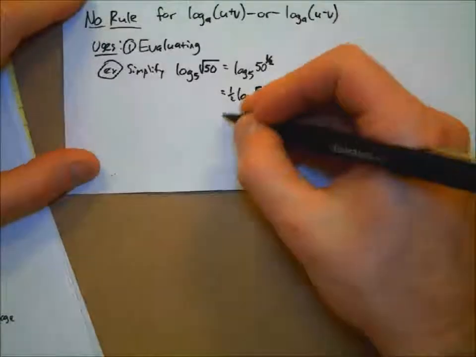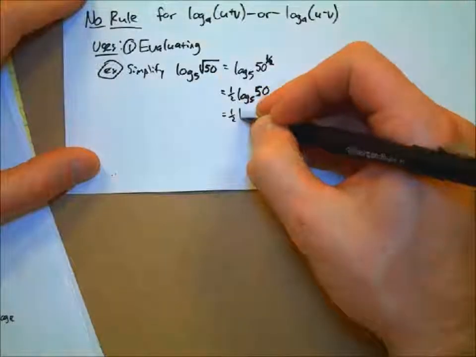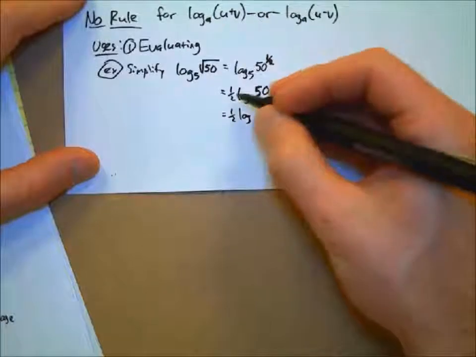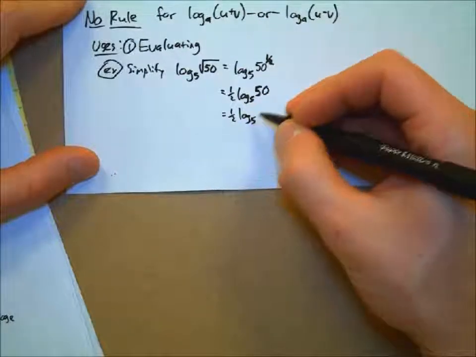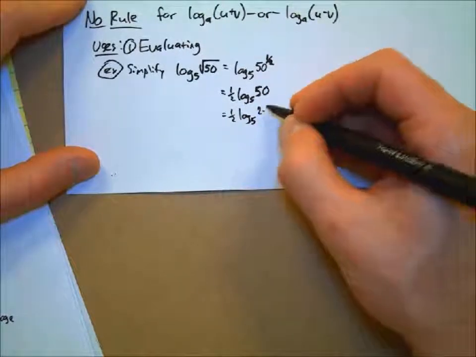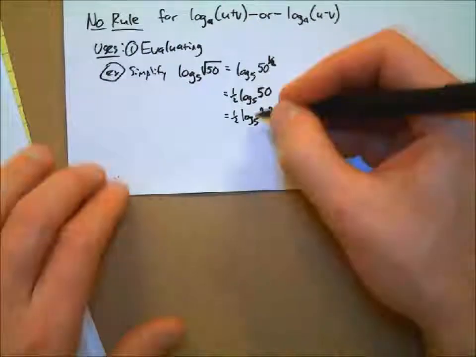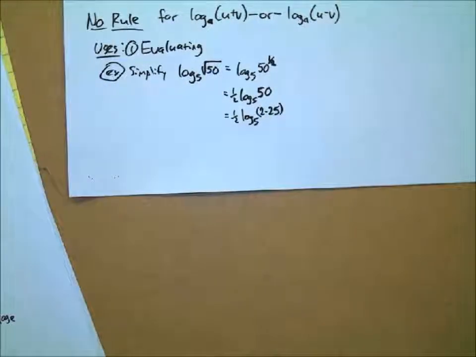So let's do that here. 1/2 log base 5 of 50 is the same thing as 1/2 log base 5 of 2 times 25. Aha, we have a product inside our logarithm. So what can we do then? Break that up into what?